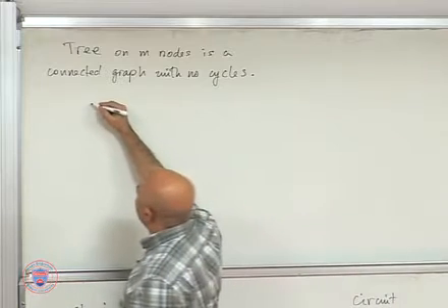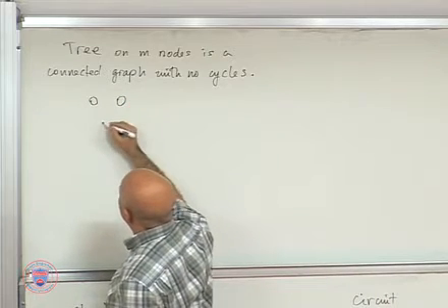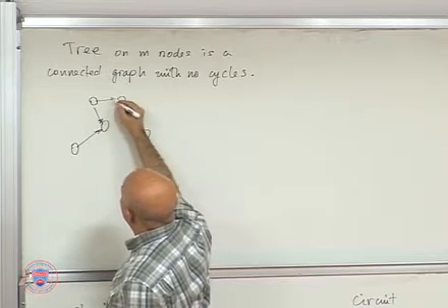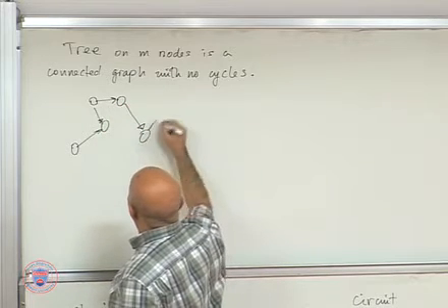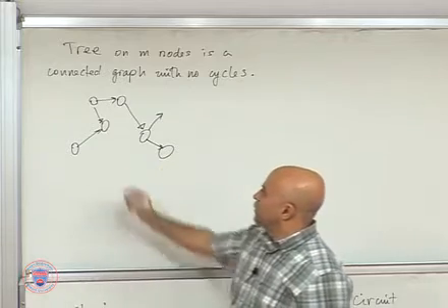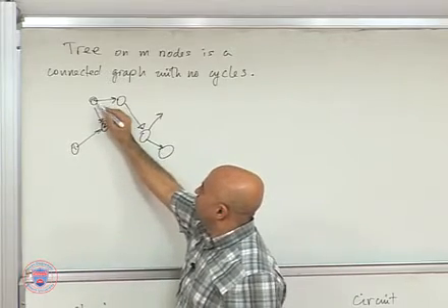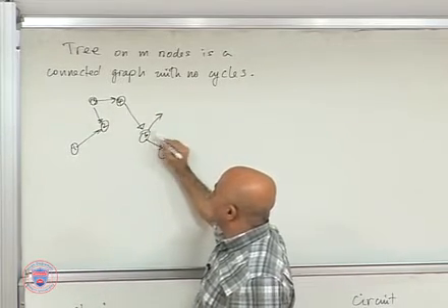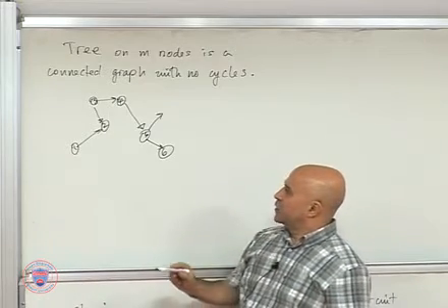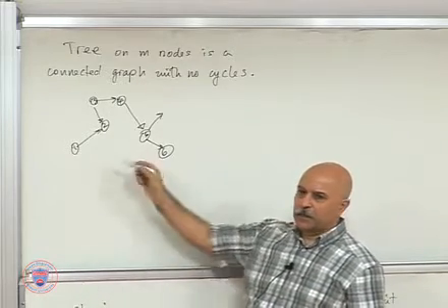So here's a tree as an example. This is a tree on 6 nodes. You can see that it's connected. You can get anywhere.